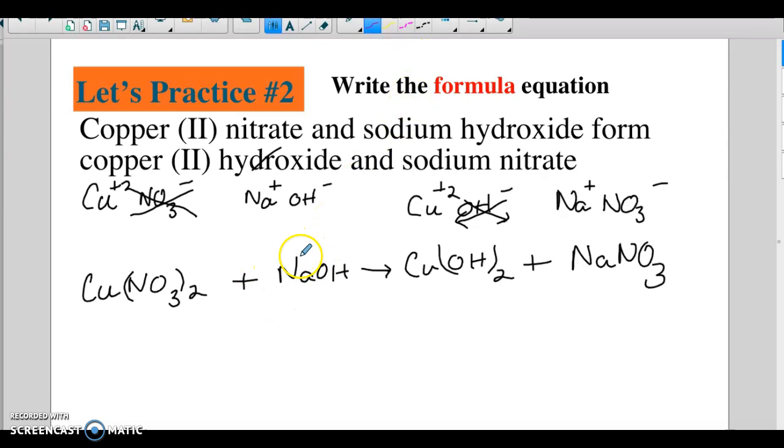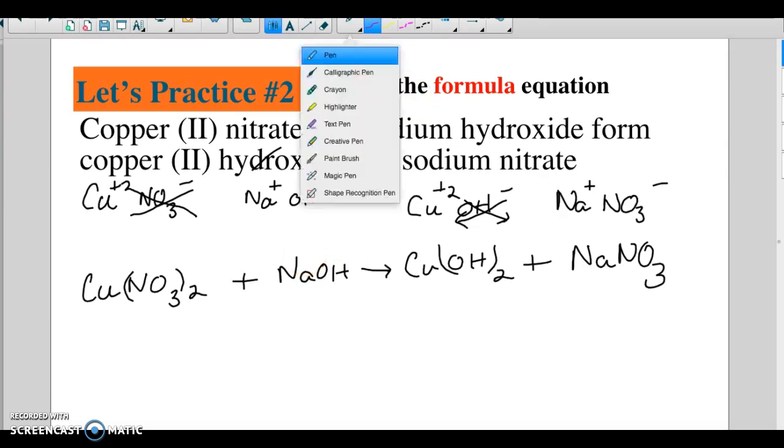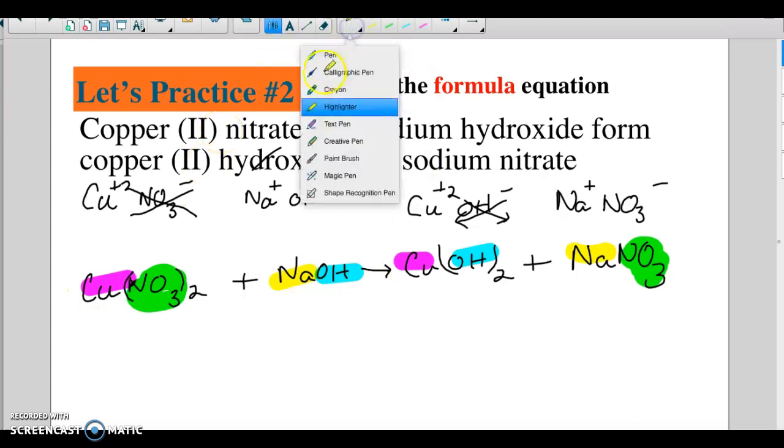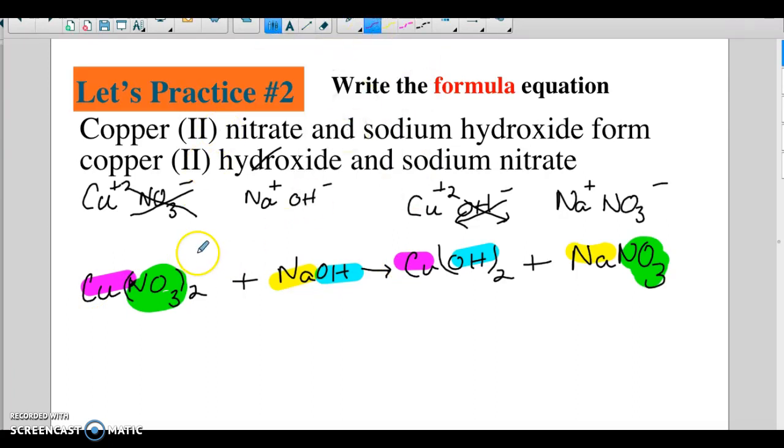And you can see we have, maybe I should highlight for you, we have our nitrates. We want to keep those together when we're balancing. We have our hydroxides. We have sodium. And we have copper. So when I do this, I can really start anywhere. I'm going to start with the nitrate.